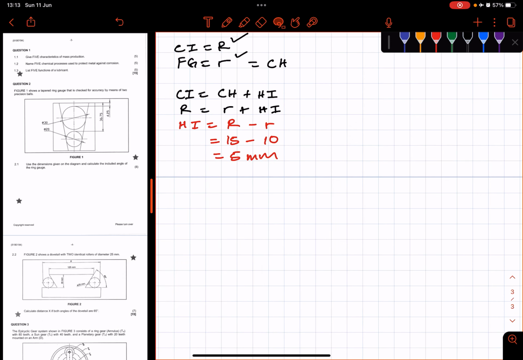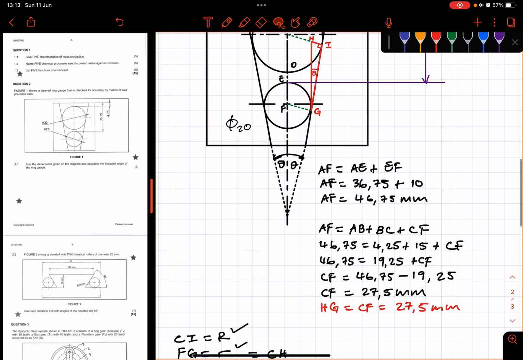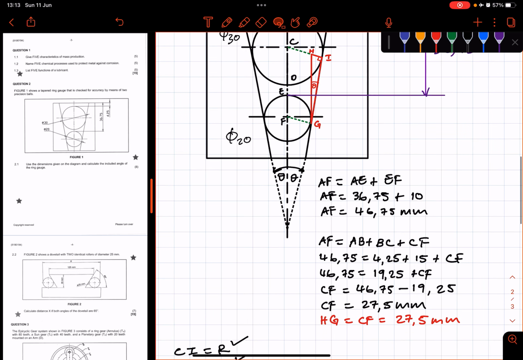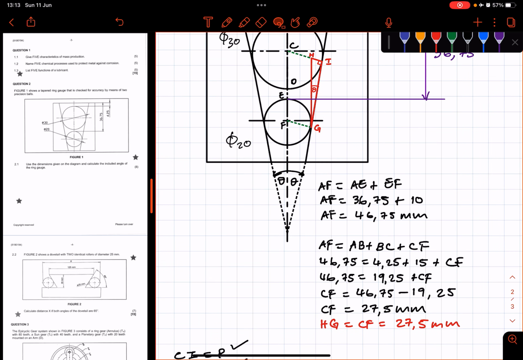Remember, HI is a part of the orange right angle triangle, right? So if you look here, we have HI and we also have HG. We have two sides. We're looking for theta, so we can get theta now, right?